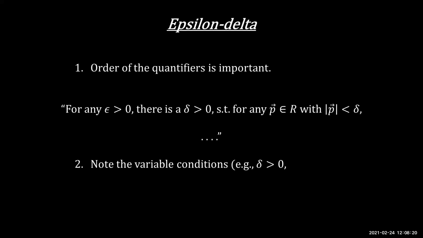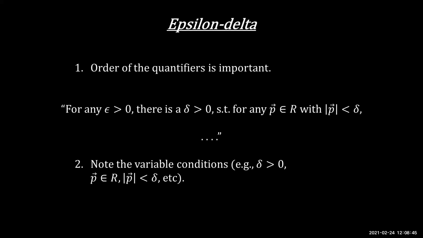Another thing is, whatever your choice of delta is, in this case, always make sure that it is positive. Otherwise, it will become an error. Okay? And similarly, in this definition, even though we have for any vector p over here, that doesn't mean we can substitute any vector for p in this particular case.